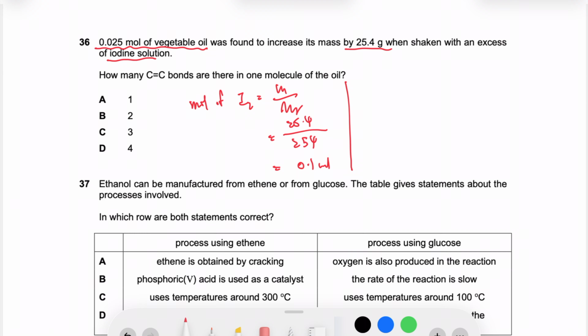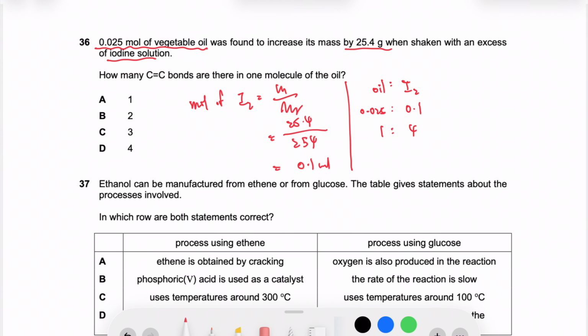So now you do your mole ratio from the vegetable oil to iodine, which is 0.025 to 0.1. If you do the mole ratio, you will get 1:4.